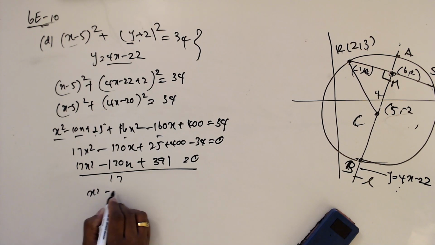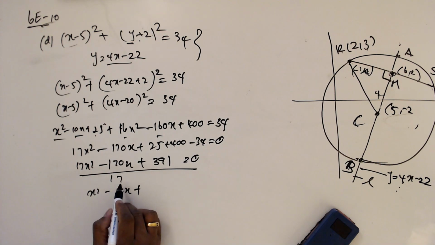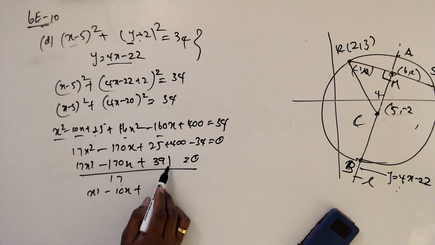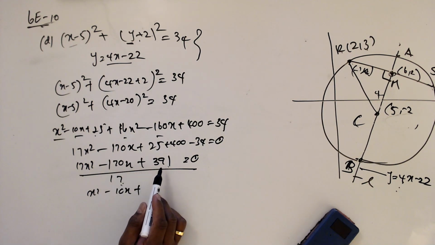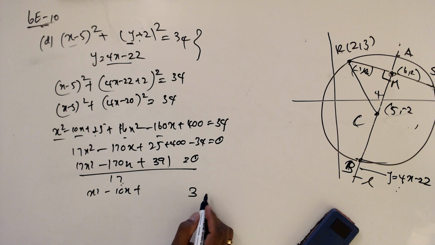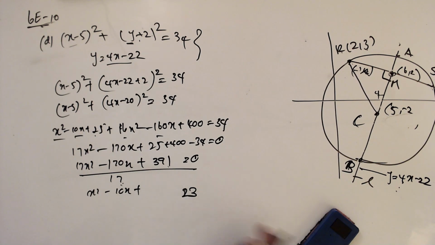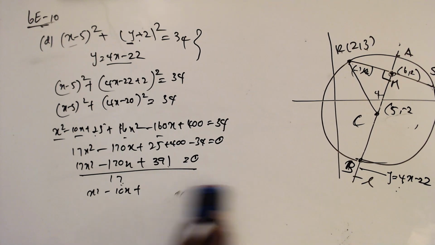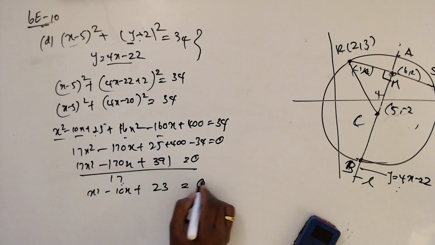So x squared minus 10x plus 23 equals 0. Looking for factors of 23, it can't be 3 times 7, it has to be 23 and 1. Okay, 23 works. So this is going to be x squared minus 10x plus 23 equals 0.